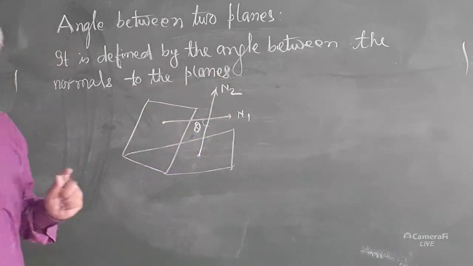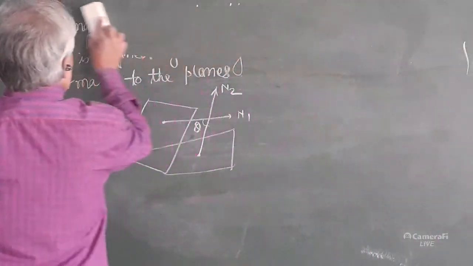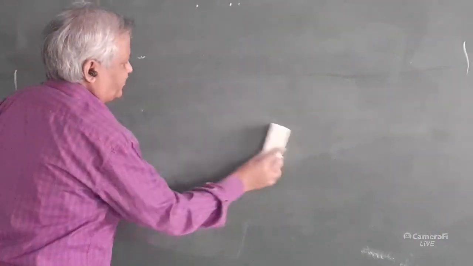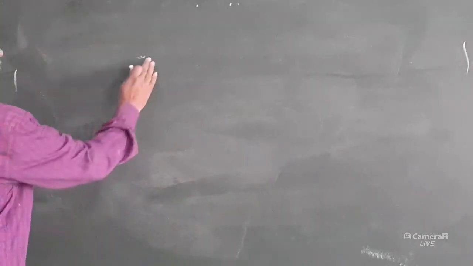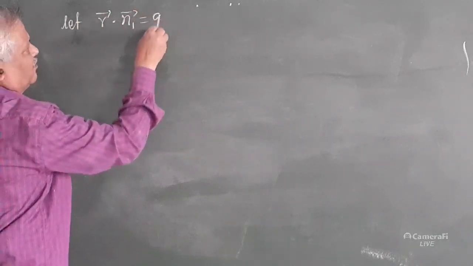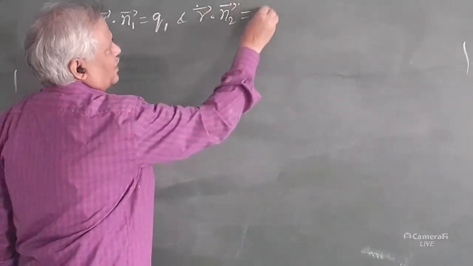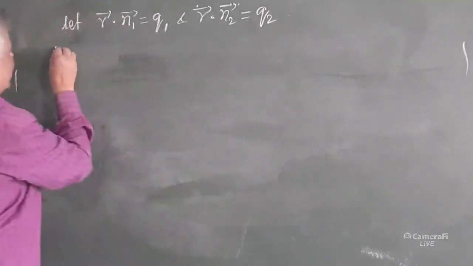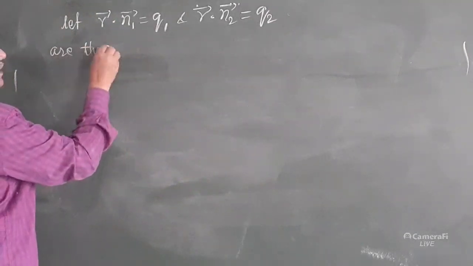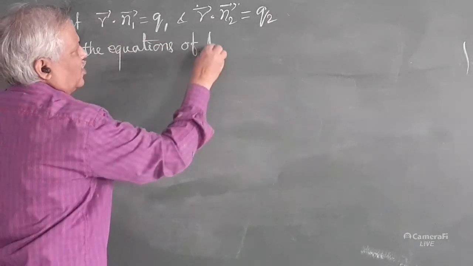The angle between two planes is defined by the angle included between their normals. Now see, what is the formula for it? Let us consider first the vector equation. Let r dot n1 equals q1 and r dot n2 equals q2 be the equations of two planes.